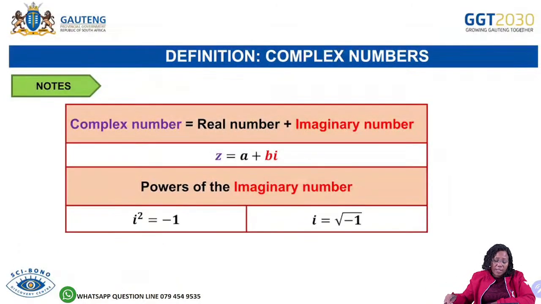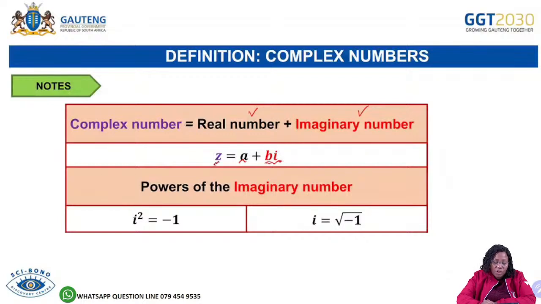Okay, now we move to complex numbers. When you talk complex numbers, this is still your 50 marks, grade 12. A complex number is a real number plus an imaginary number. It is imaginary because it has this i notation. This a is any real number, it can be an integer and so forth.